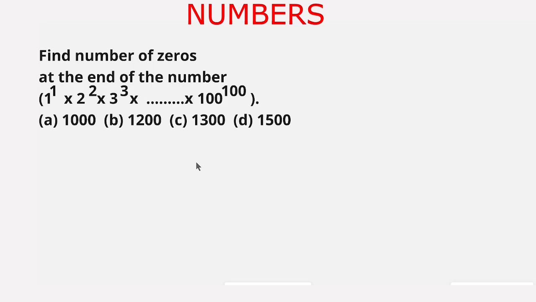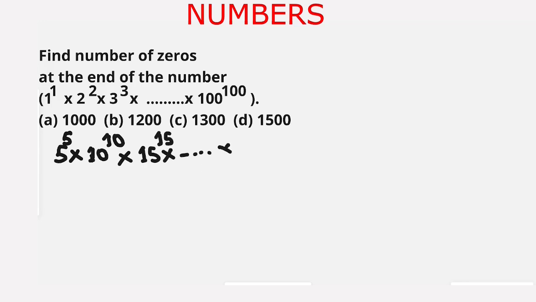In the given number, there will be 5 to the power 5 multiplied by 10 to the power 10 multiplied by 15 to the power 15, and this goes up to multiplied by 100 to the power 100. So the total power of 5 will be nothing else but the sum of the powers of all these numbers.